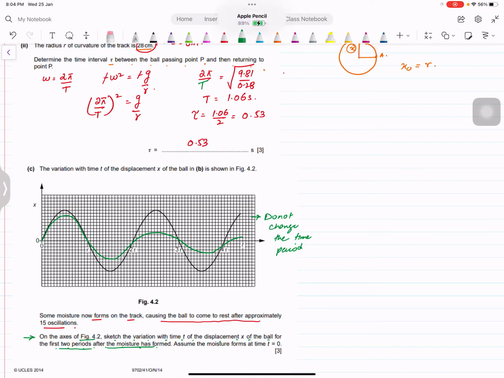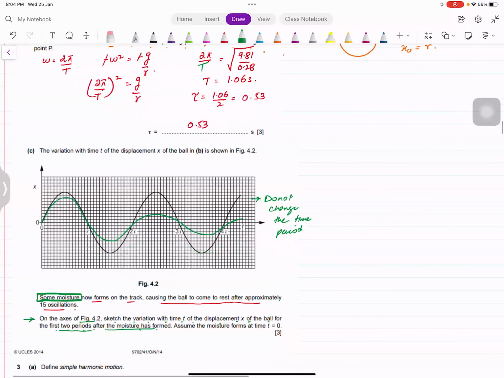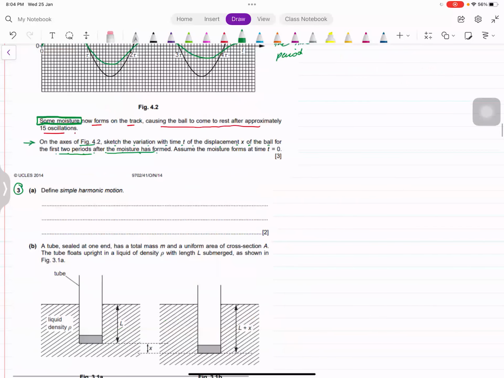Everybody understands? Any questions? Sir, that was just a roundabout way to ask us to draw a damping graph. Yes, but that is the reason: if some moisture is formed, then you should always realize it's a damping question. Okay. Now, I will give you this as homework because you see the same equation.